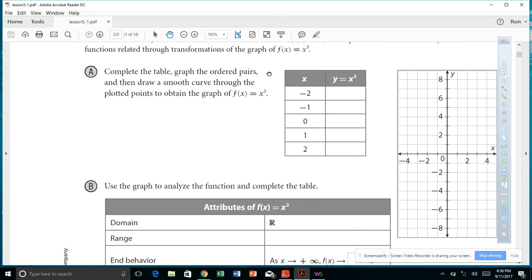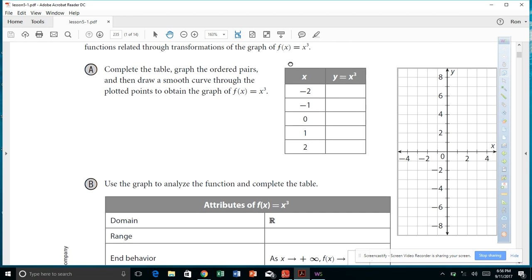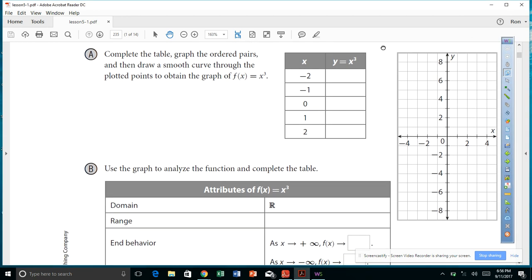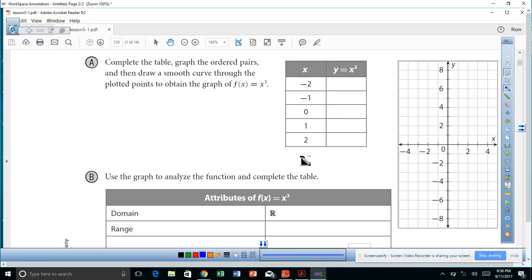Complete the ordered pairs. Negative 2 cubed is negative 8. Negative 1 cubed is negative 1. 0 cubed is 0. 1 cubed is 1. And 2 cubed is 8.